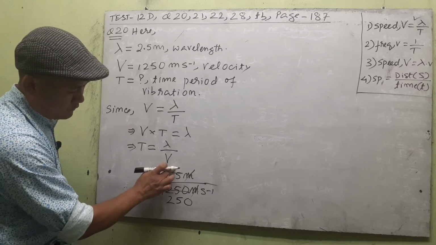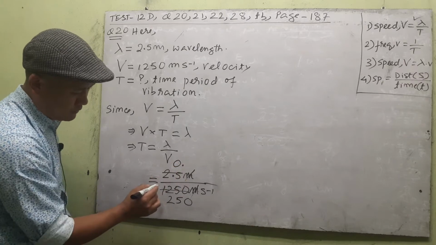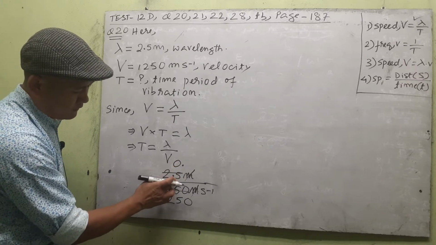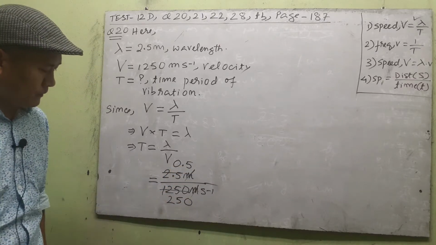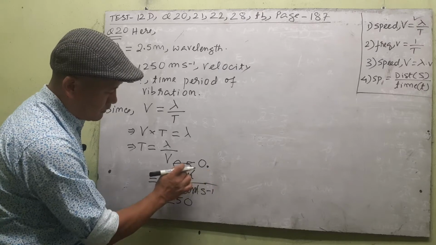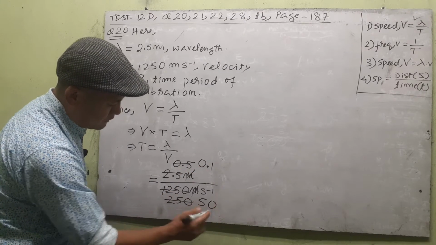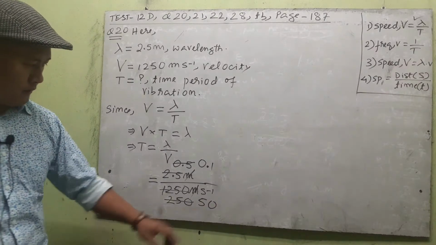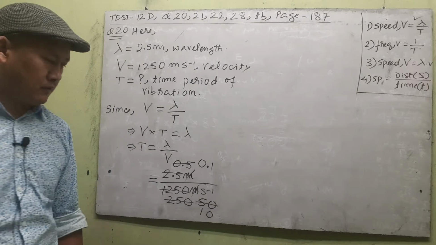So 5 means here also 5 we have to use to cancel. 2 is less than 5, so put 0 first, then point. Then it becomes 25 on the right of the decimal. 5 5s are 25. Again, let us do it with 5. 5 zeros are 0, point. 5 1s are 5. 5 5s are 25, and 5 zeros are 0. Again, 5 1s are 5, 5 zeros are 0.